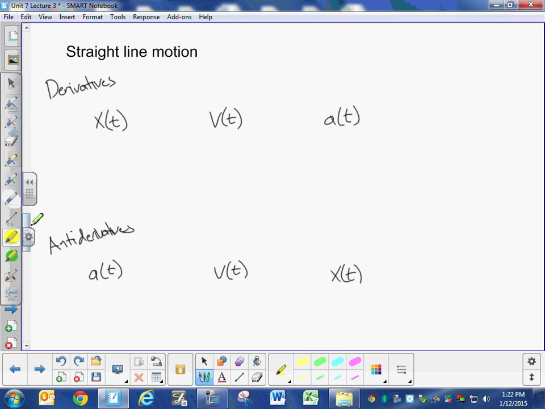Let's go on to straight line motion. Okay? Derivatives. If I take the derivative of position, I get my velocity function. If I take the derivative of my velocity function, I get my acceleration function.